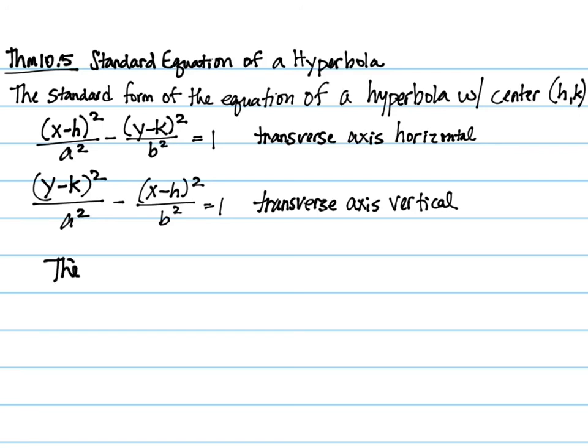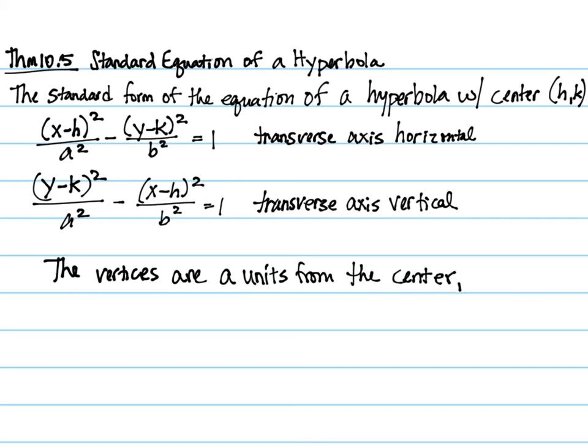The vertices are A units from the center, foci are C units from the center.